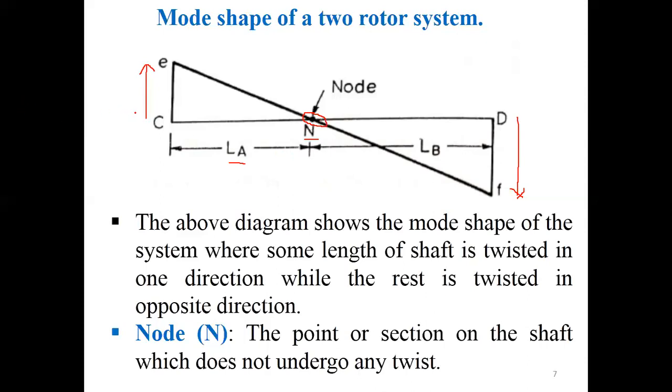Here you can see that this particular height, CE, represents the amplitude of rotor A, while DF represents the amplitude of rotor B. And as you know, the amplitude of rotor A and the amplitude of rotor B are opposite in direction.